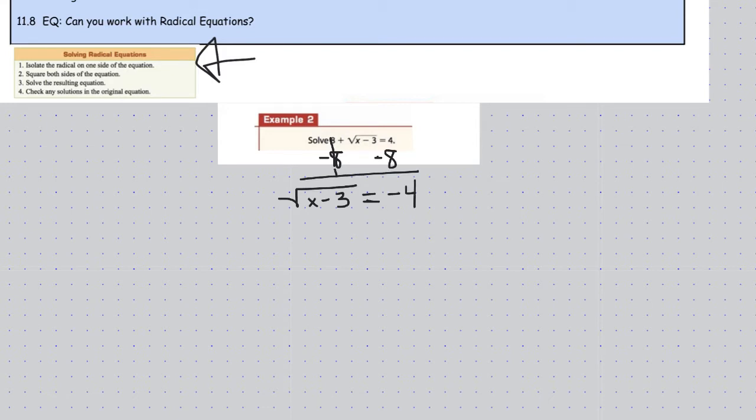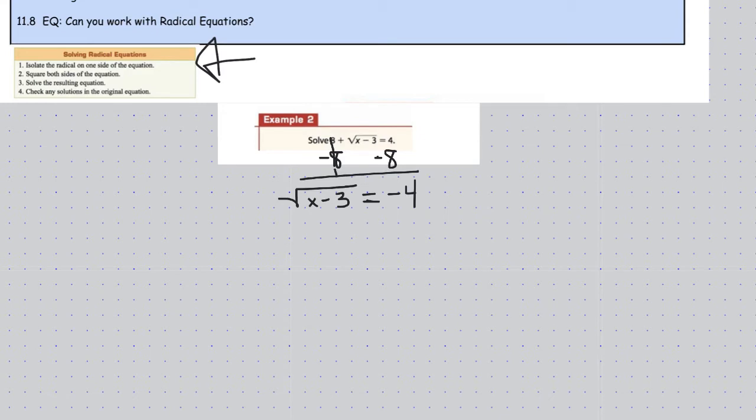Oh, friends, I'm going to stop us right there, because never, ever, ever can a radical equal a negative number. It can't happen, because remember, inside a radical, you say a number times itself. Even if you had a negative number, a negative times a negative is a positive. The only way to get a negative answer is having a positive times a negative.